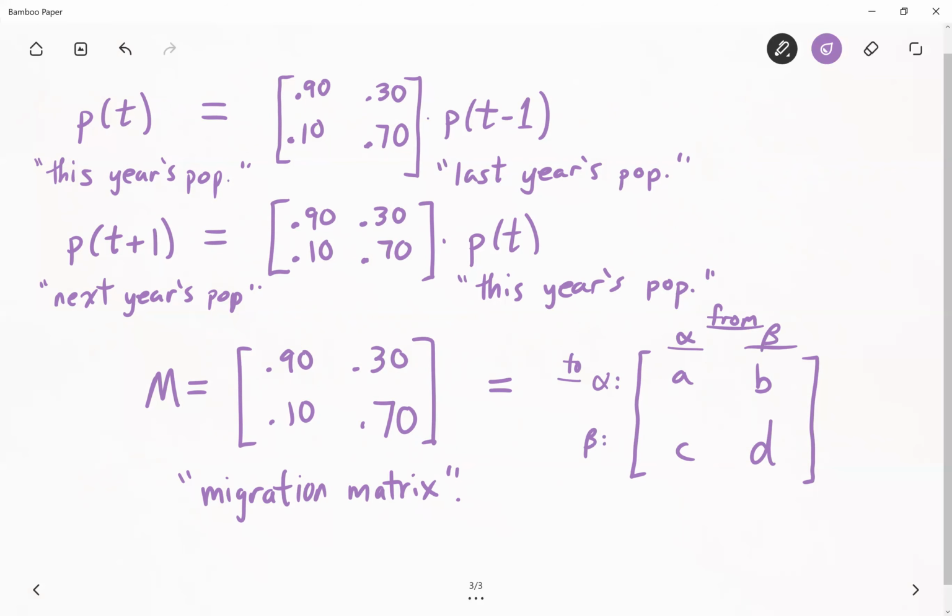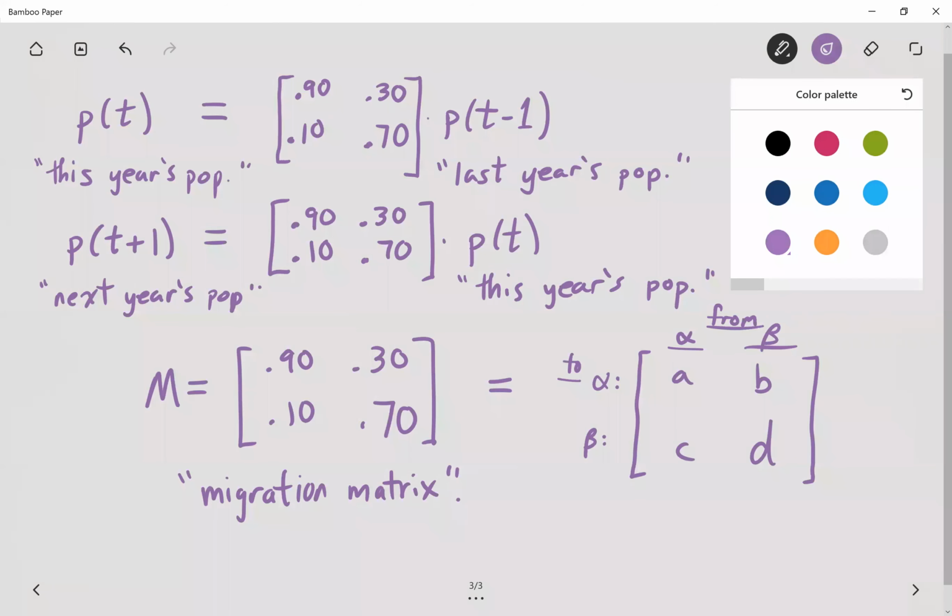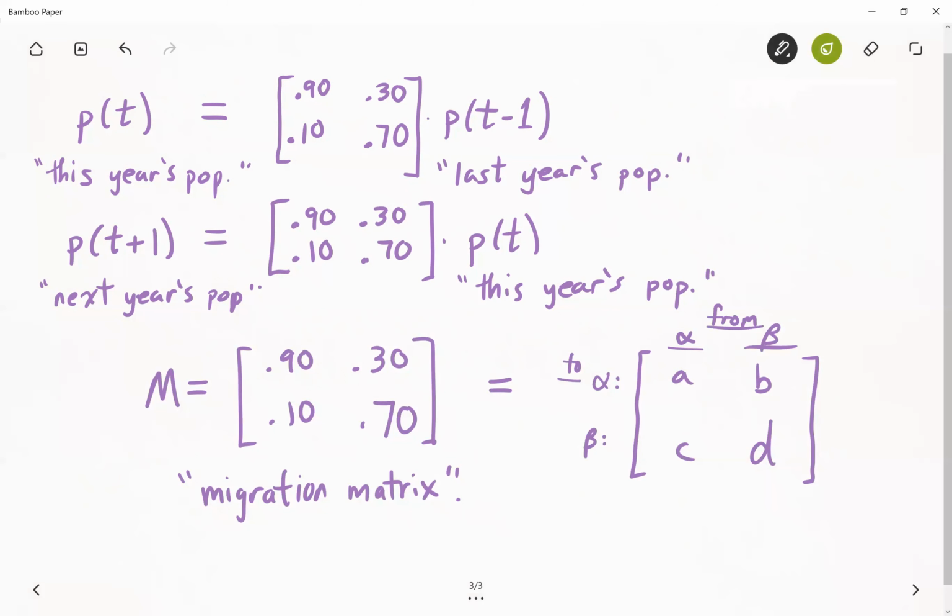And one of the patterns I would like to call your attention to is that since no members of the population are born or die, we have to account for a full 100% of the population in each region. And so, for instance, you might have noticed that the numbers in the first column add to 100%. The numbers in the second column add to 100%, right? And that will always be true.